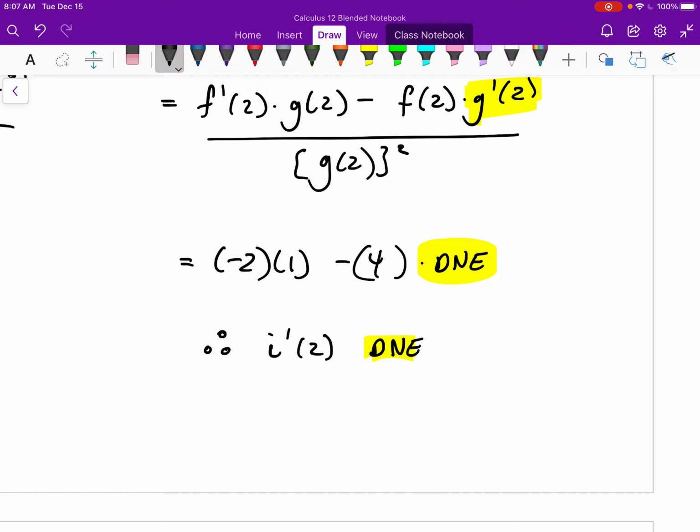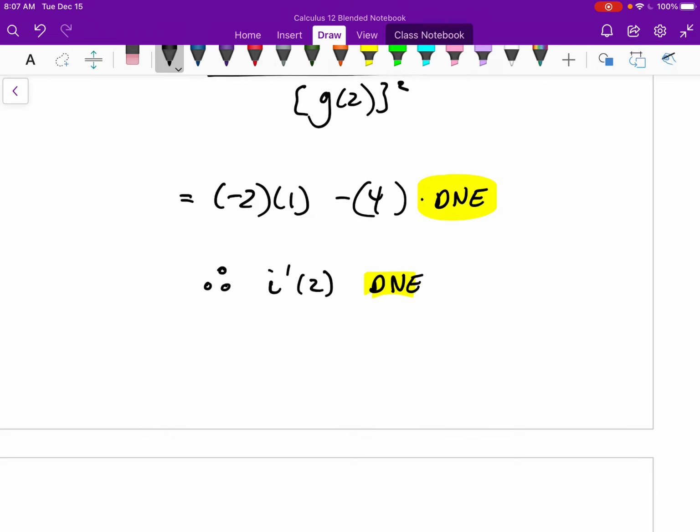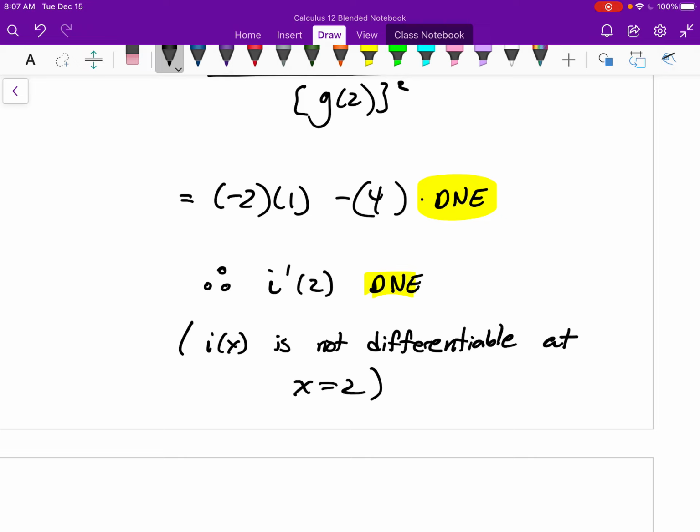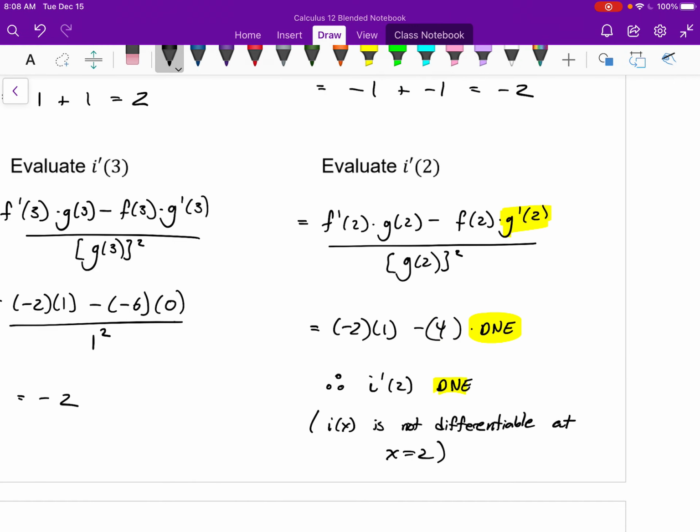And that's because, again, function I is not differentiable at 2. And so if function g in this case is not differentiable at 2, that means function I is also not differentiable at 2. All right, and that covers everything.